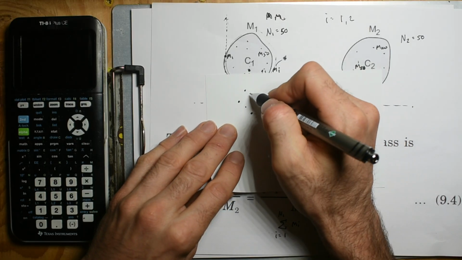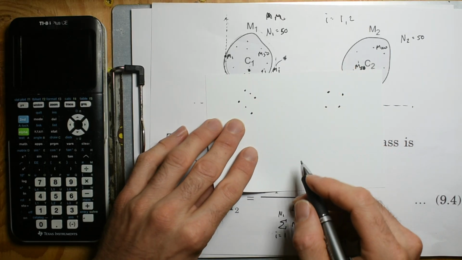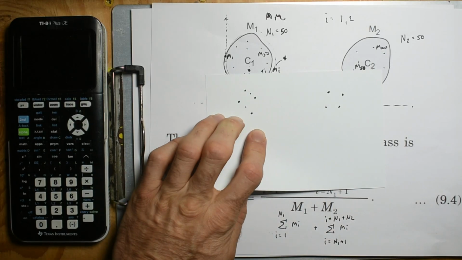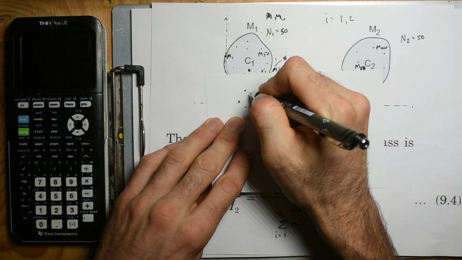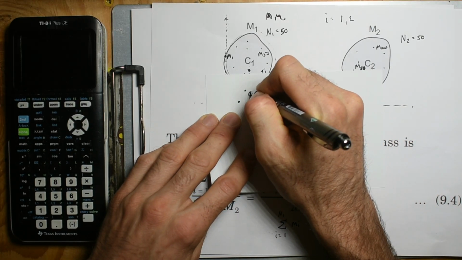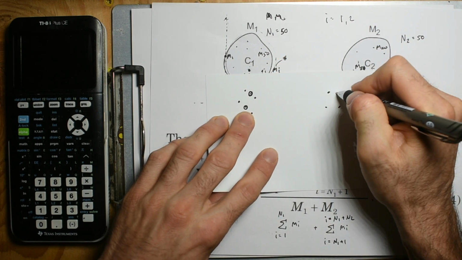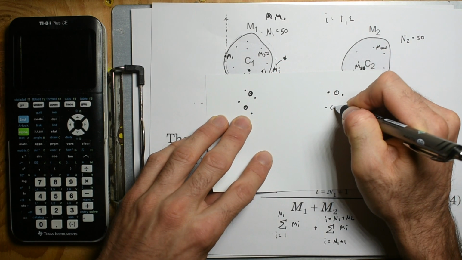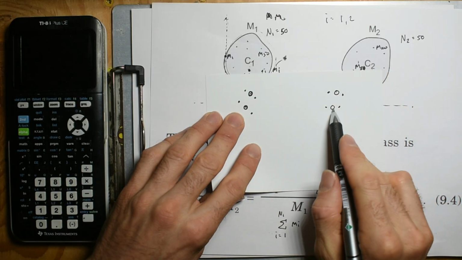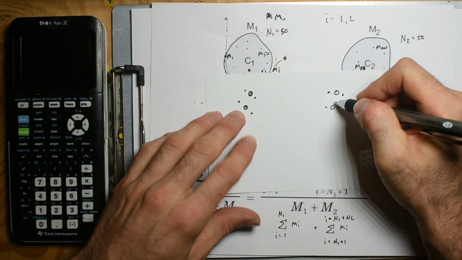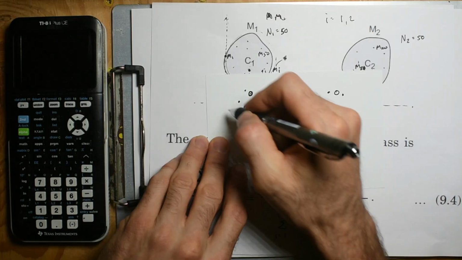And then basically say that these are new masses. So now the system is just those, and then the center is going to be right there and right there. And then I can take the center of mass of these two.